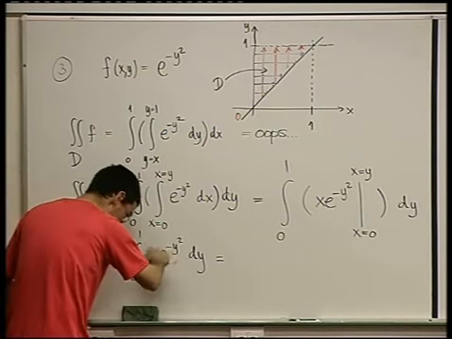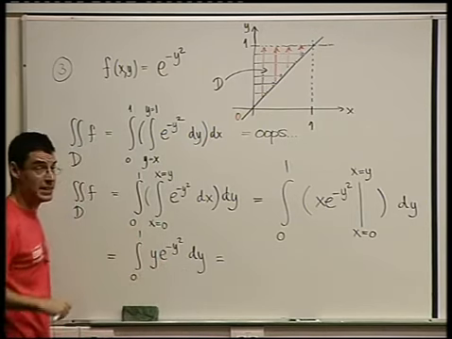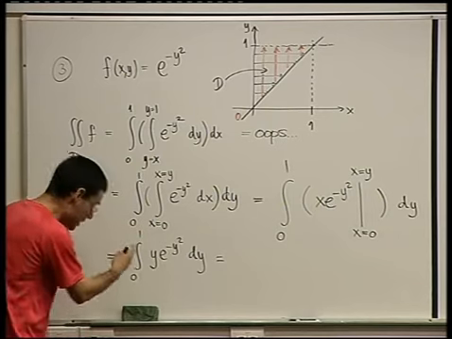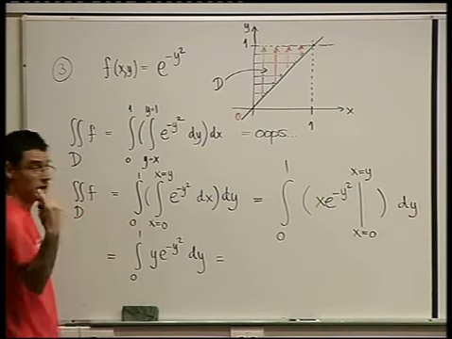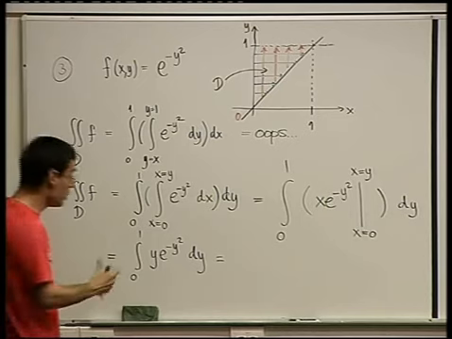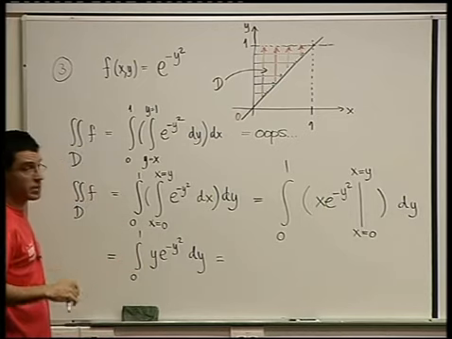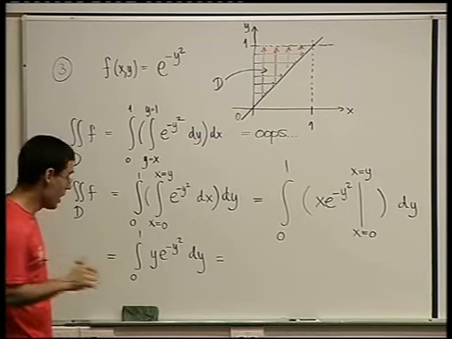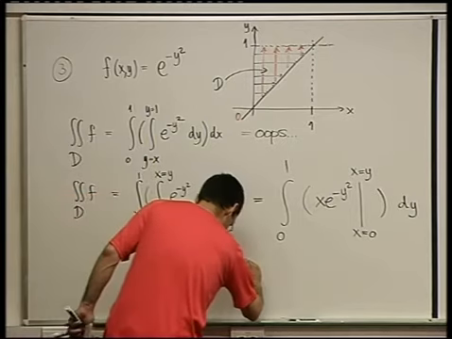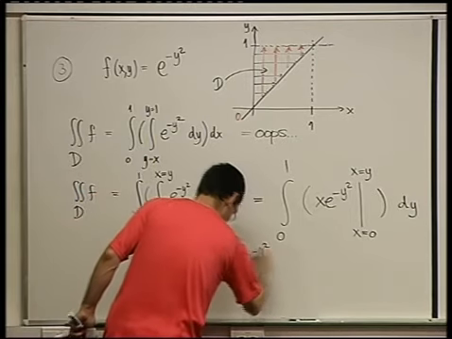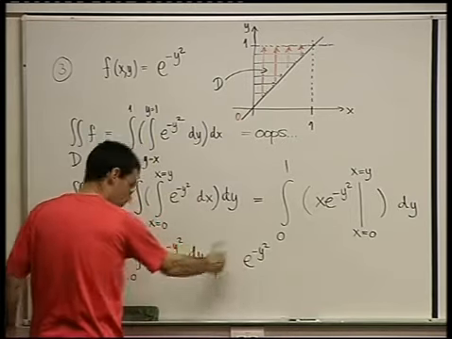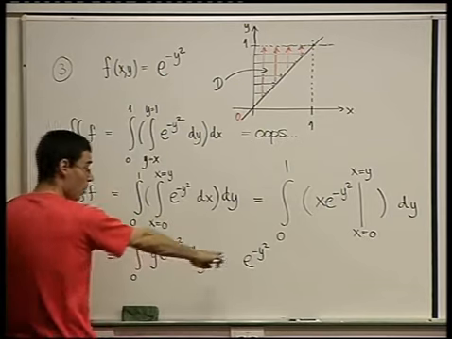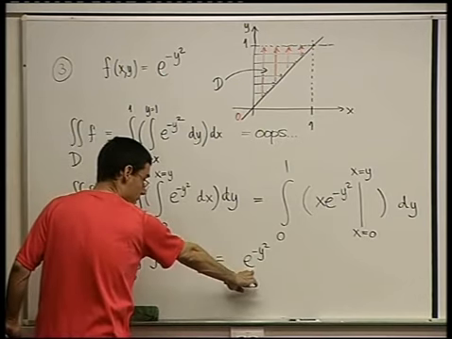And this function not only has an antiderivative, but in fact, it's almost an immediate integral. For me, it is. If you don't see it, you may need to do an extra step of a substitution or something. But I just see that this is the derivative of e to the minus y squared. Because what's the derivative? Up to a constant, we're going to have to fix it. What's the derivative of this?